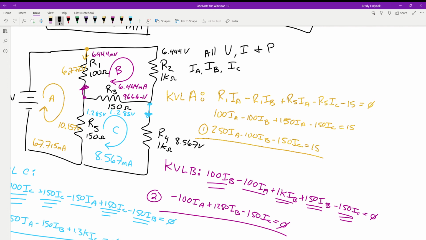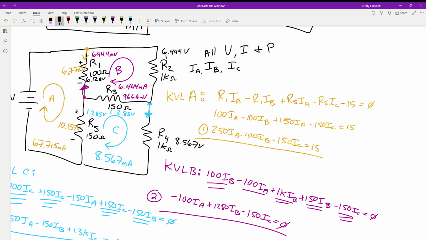is 6.128 volts. R5, we have 10 volts coming down, and we have 1.28 volts coming up. And again, which one's going to win? This guy will. So our polarities are going to be like this.